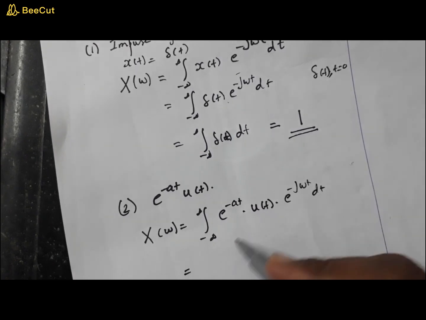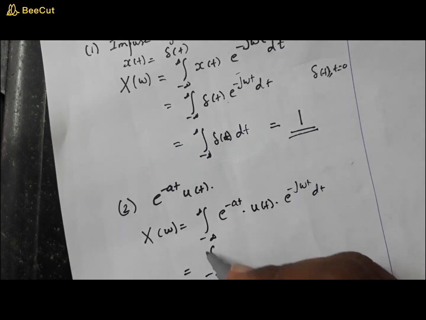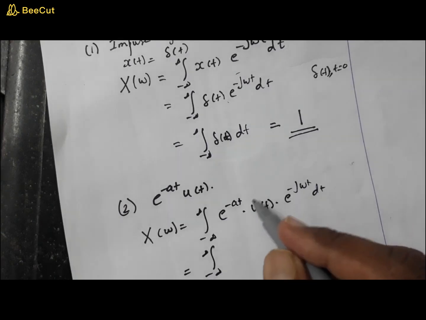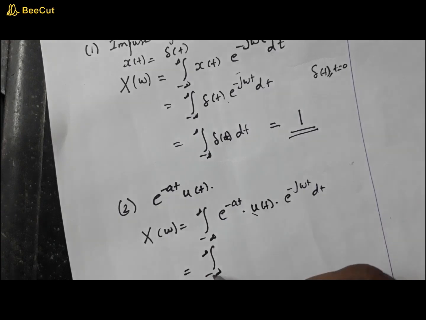Since it is u of t, you can take u of t as 1, and the integral limit reduces to 0 to infinity.